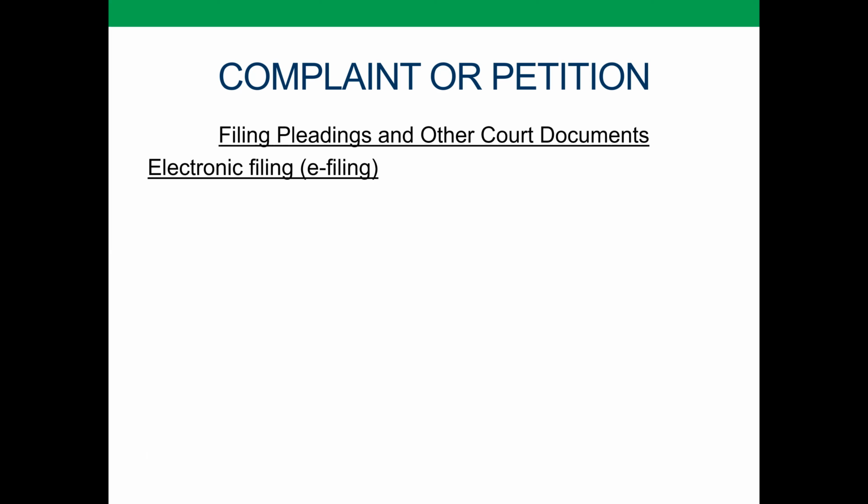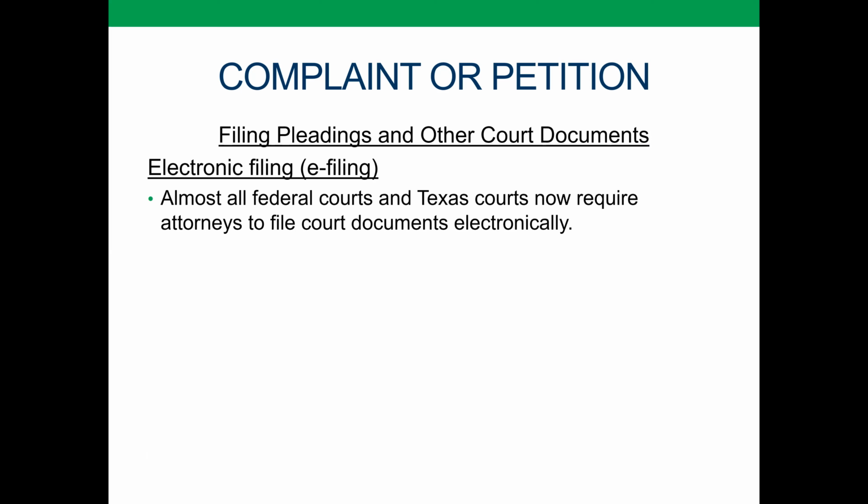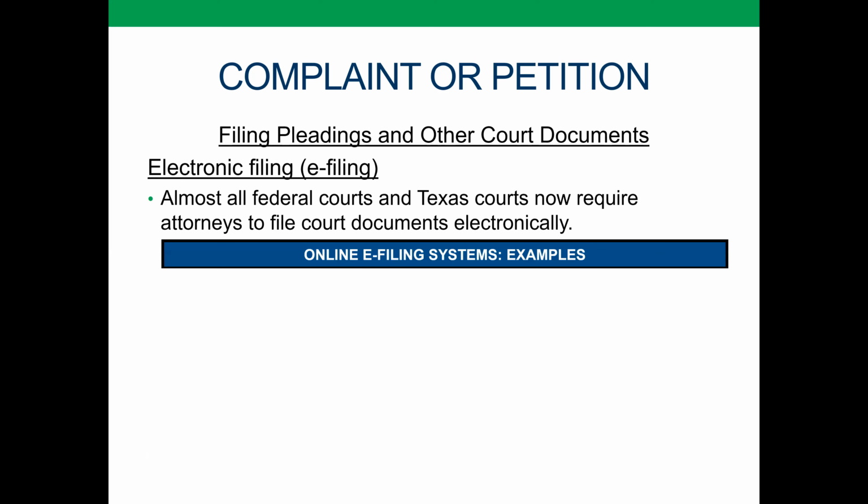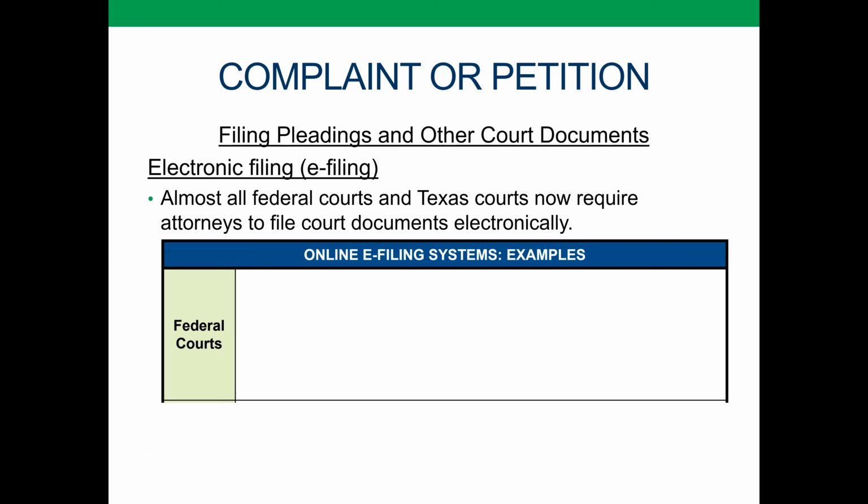But today, as I mentioned, electronic filing, also known as e-filing, is pretty much universal, at least with attorneys. If a party is represented by an attorney, then in most jurisdictions, at least in Texas and in the federal system, the attorney is going to have to file electronically.